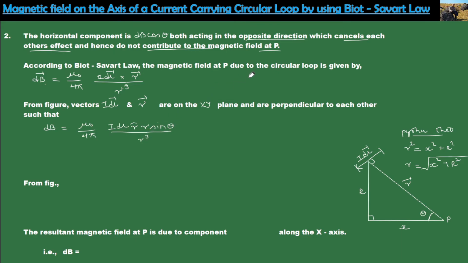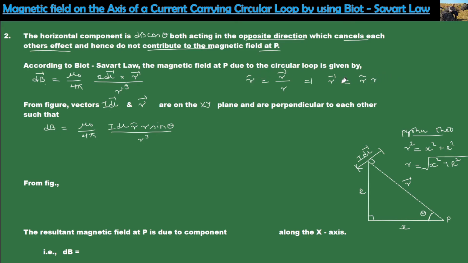Because we know that the direction is the concept of the unit vector, r cap equals r bar divided by r. So if I want to find only r bar, this r bar will be equal to r cap into r, multiplying r on both sides.